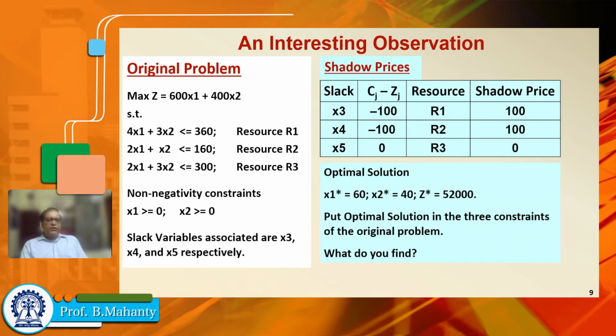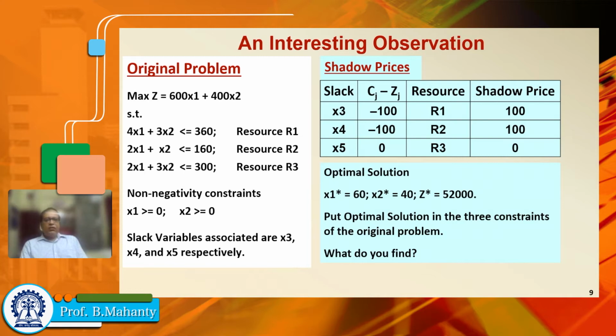When you put this optimum solution 60 and 40 in the first constraint, you find that LHS and RHS become equal. So that means the optimum solution, put in the first constraint to which the resource R1 is there, that constraint turns to equality.